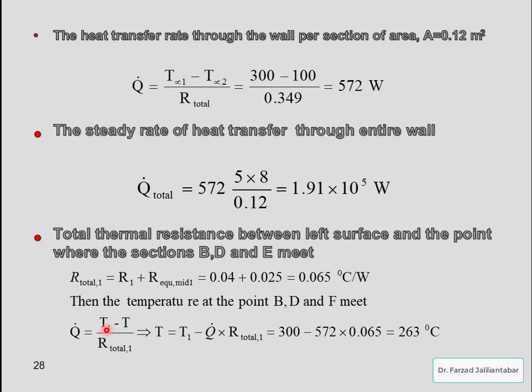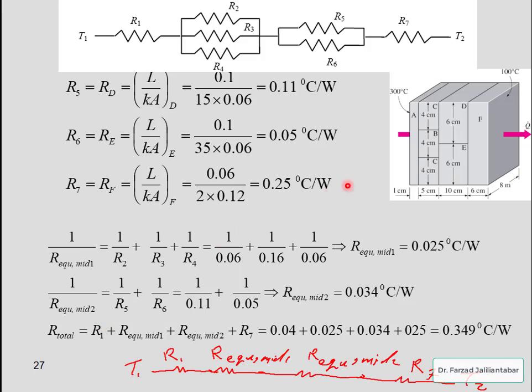So T1 is the temperature at the inner surface, 300 degrees Celsius, minus the temperature at this point, which we don't know, divided by R total from this surface to point B, this surface. The thermal resistance between these 2 points is the summation of the thermal resistance for these 3 parts, for this section, and the thermal resistance for this.